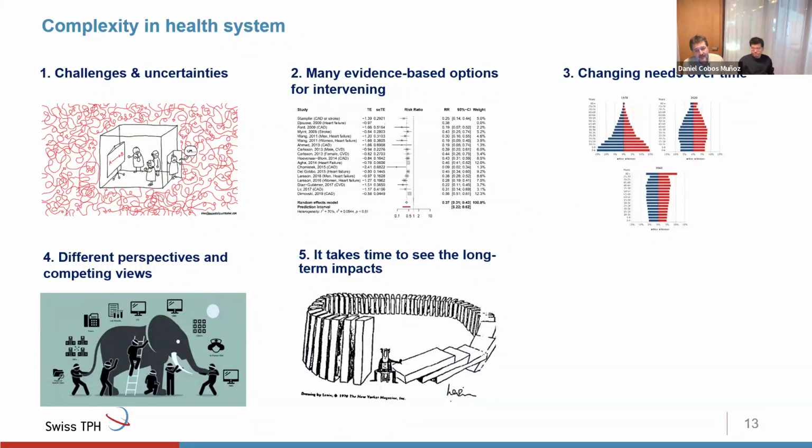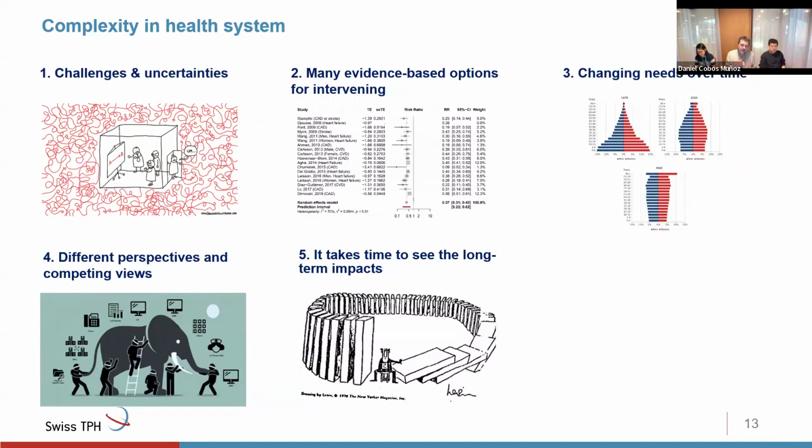Then the five challenges that we see is that systems, the next part is that sometimes when we do something in a health system, the impact will come 2 years down the line.